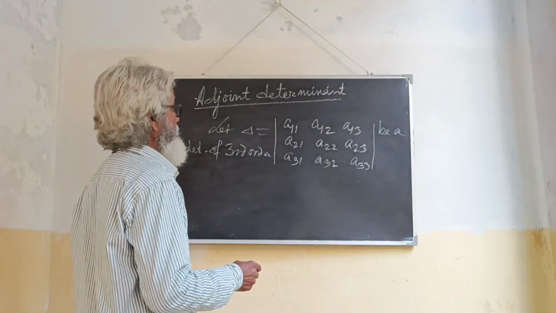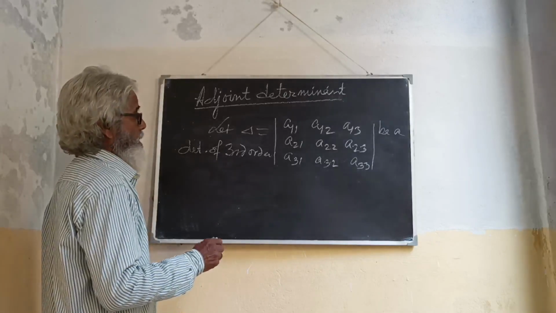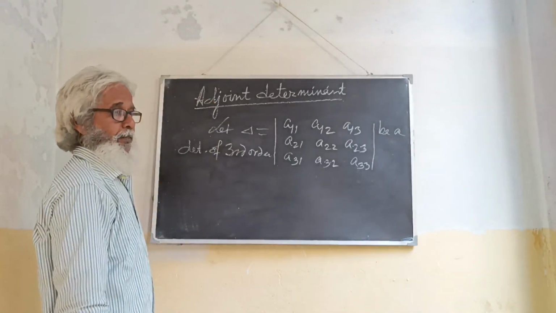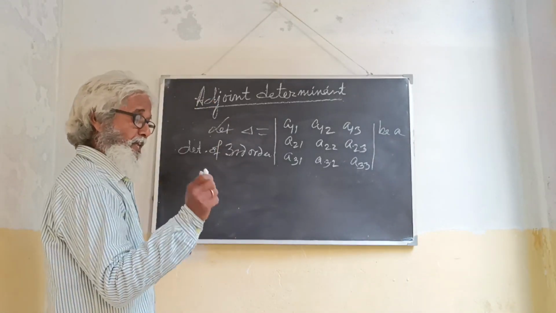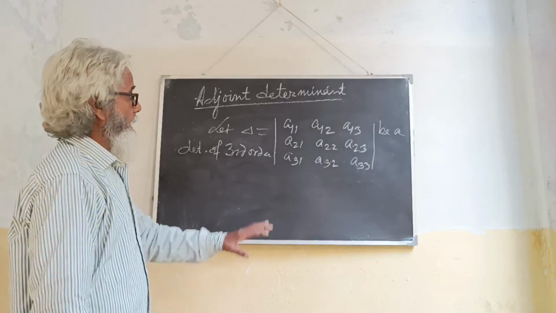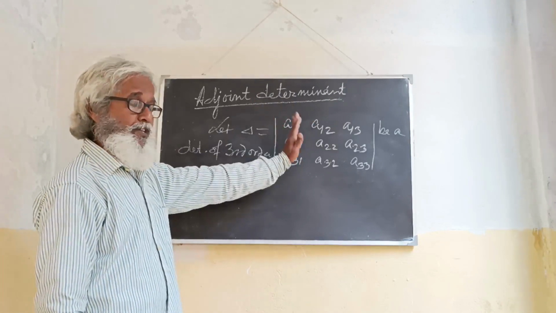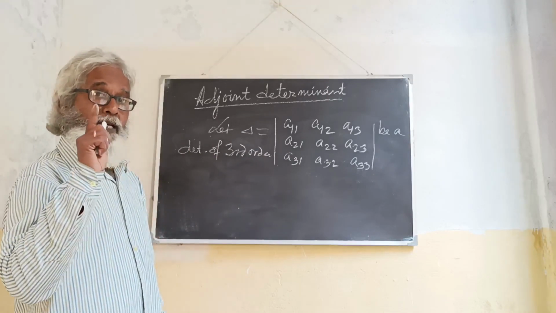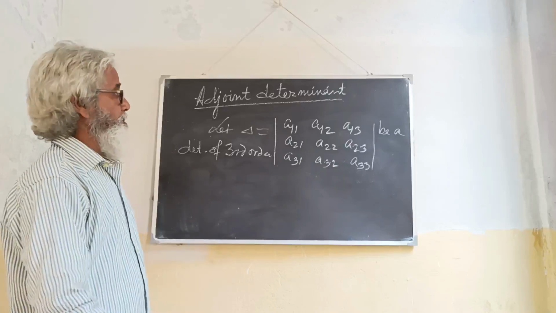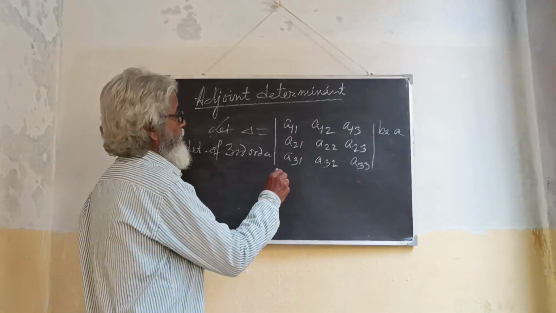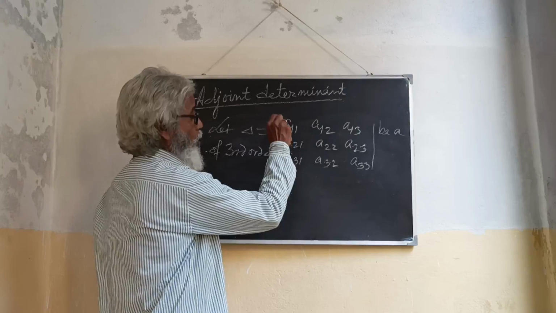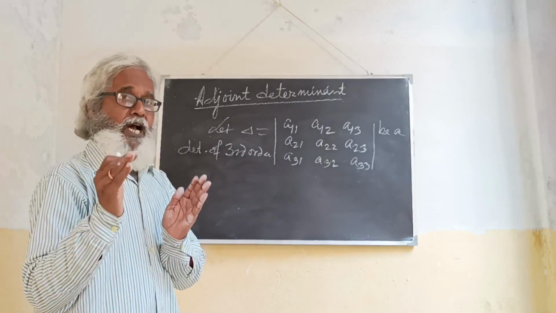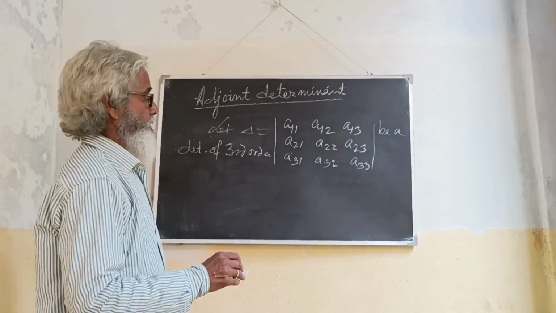According to the definition, adjoint determinant of this determinant is the determinant whose elements are the cofactors of the corresponding elements.